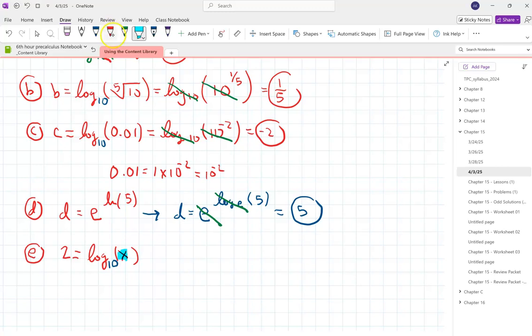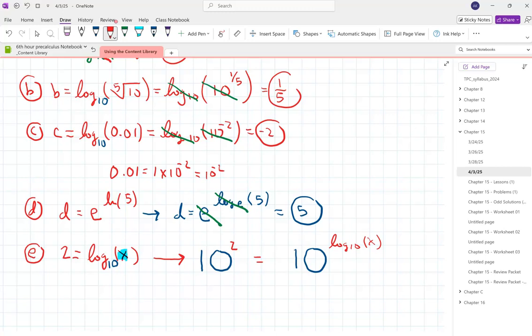What cancels out a logarithm? Yeah, an exponent base. So both sides I'm going to have 10 to the left-hand side and 10 to the right-hand side.